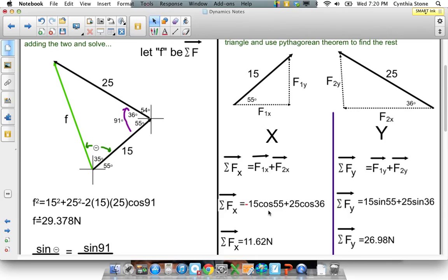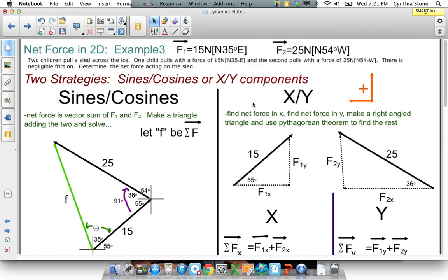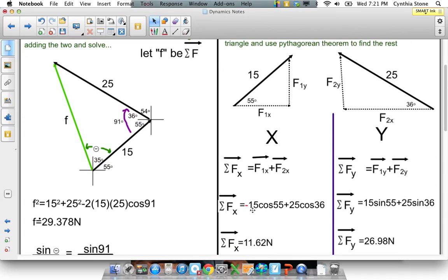So the first is 15 in the x direction, 15 cos 55, right? Because it's adjacent to the angle. And in this one, it's cos 36, right? Notice I made this negative. I made it orange just so we wouldn't forget, because I called west positive, and this one is east, right? It's moving in the east direction.